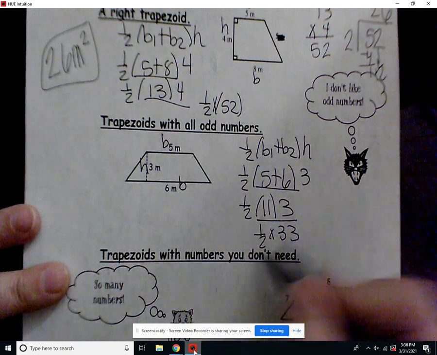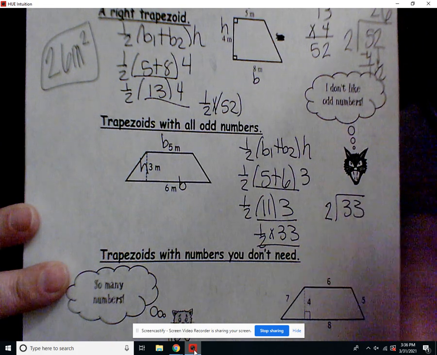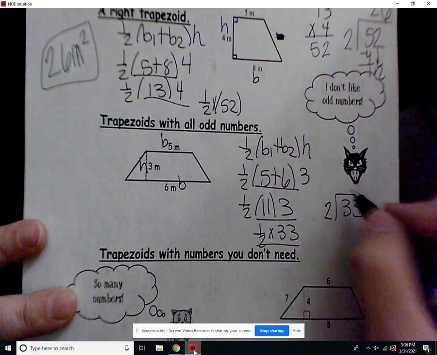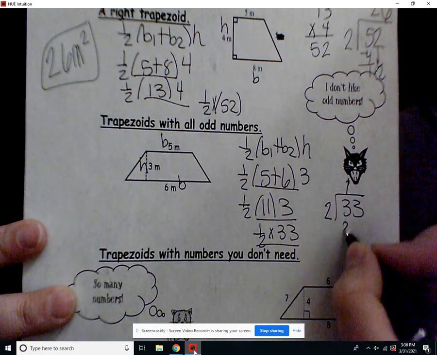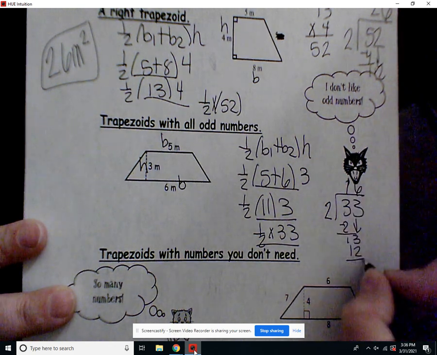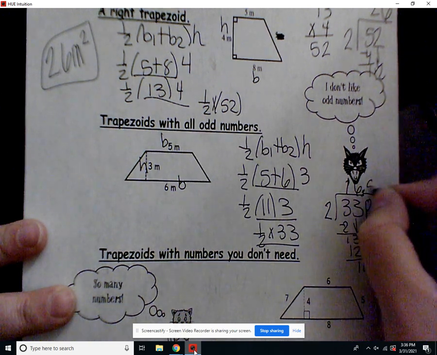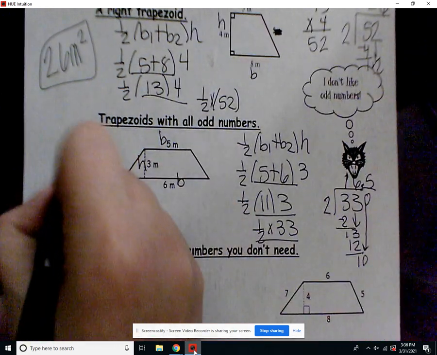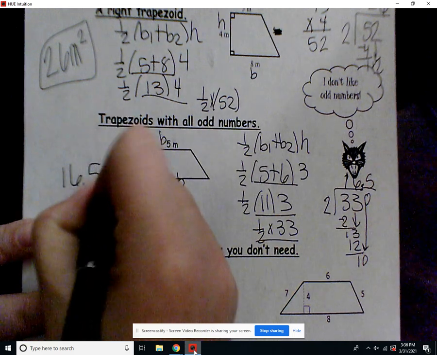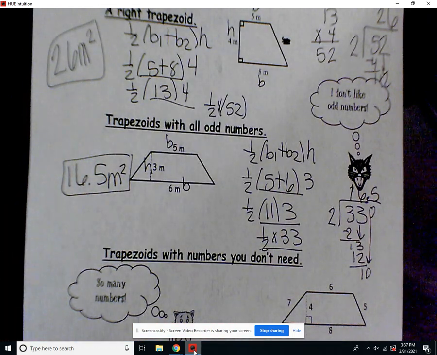And then we're going to have 33, so divide that by 2. And since it's an odd number, it's going to be a decimal. So we get 16.5 meters squared.